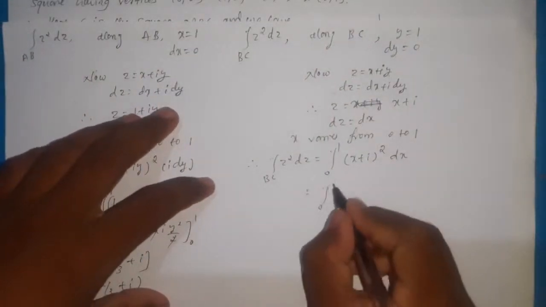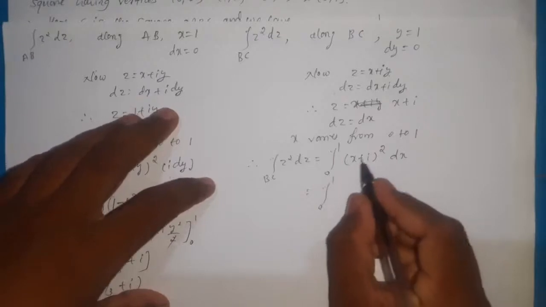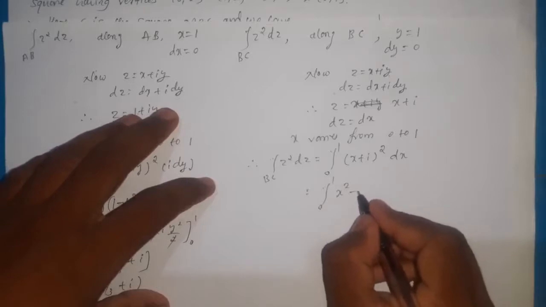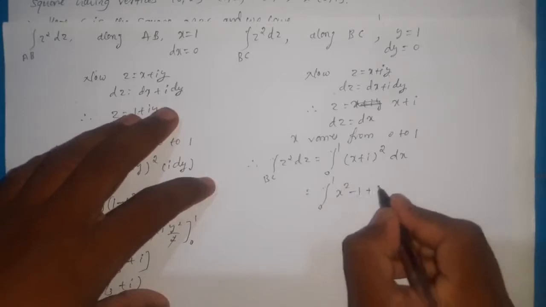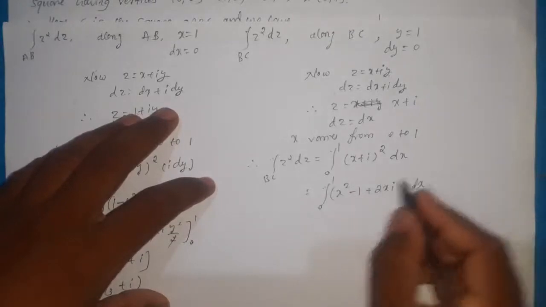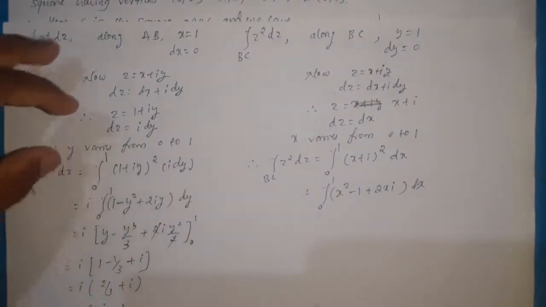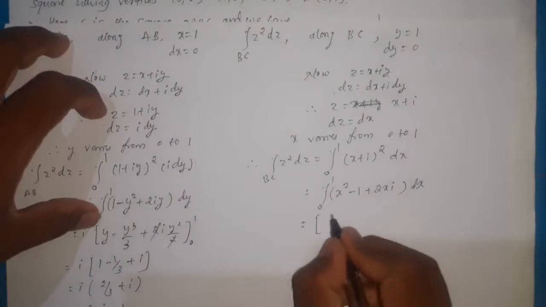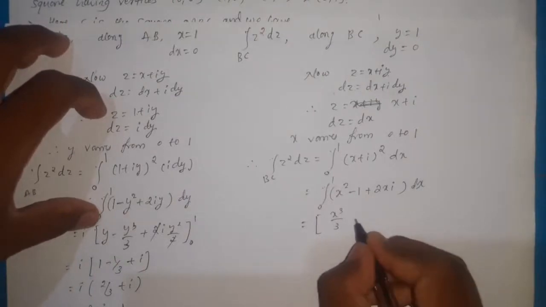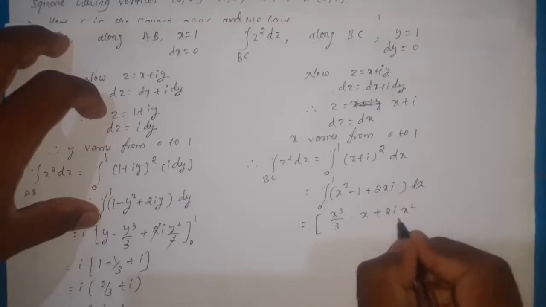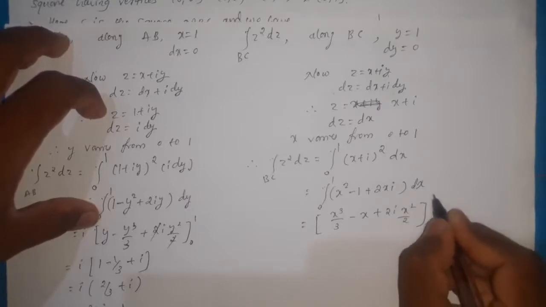This is integration over 0 to 1 a plus b whole square, that is x square minus 1 plus 2xi into dx. This minus 1 is from I square. Then this is equal to x cube by 3 minus x plus 2I x square by 2 from 0 to 1.